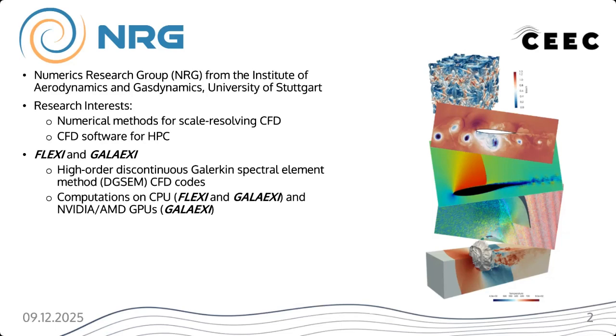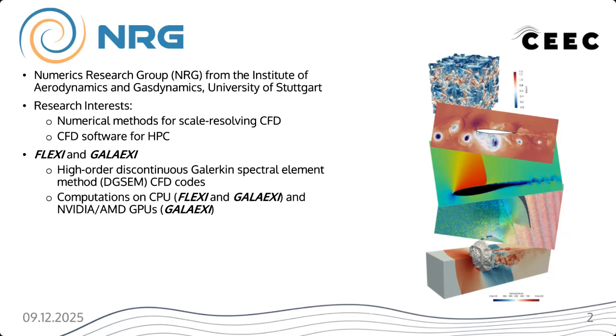We have many codes, but the two of our codes that will concern us today are FLEXI and GALÆXI. Both are a high order discontinuous Galerkin spectral element method. Theoretically, these codes can do any equation set, but we almost entirely internally use them for the compressible Navier-Stokes equations.